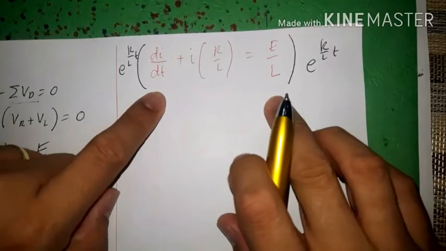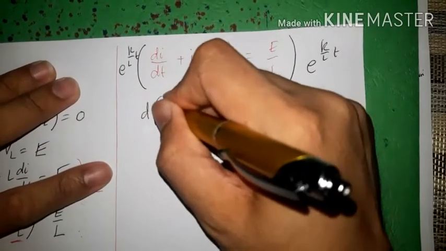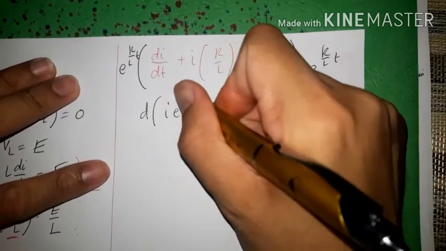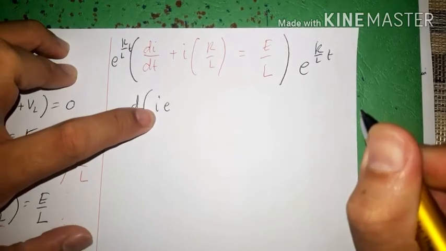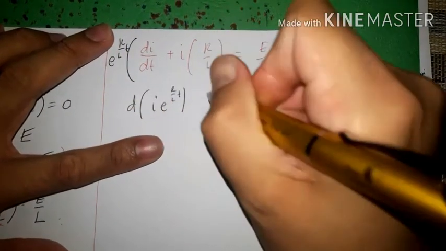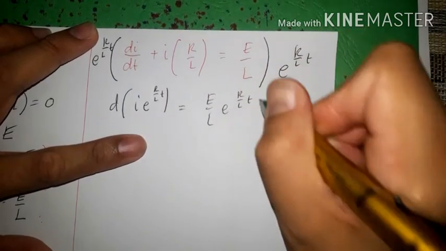Multiplying our LDE by our integrating factor, this is equal to the derivative of the product of the dependent variable I and our integrating factor e raised to R over L t, which is equal to E over L times e raised to R over L t.